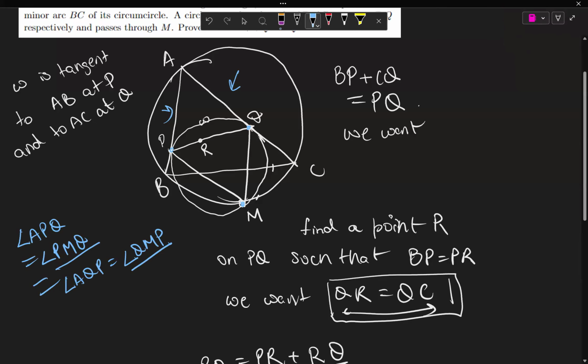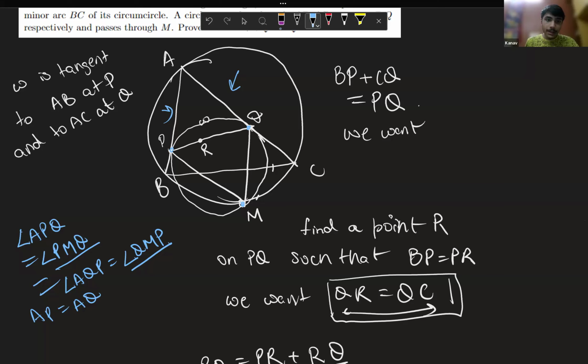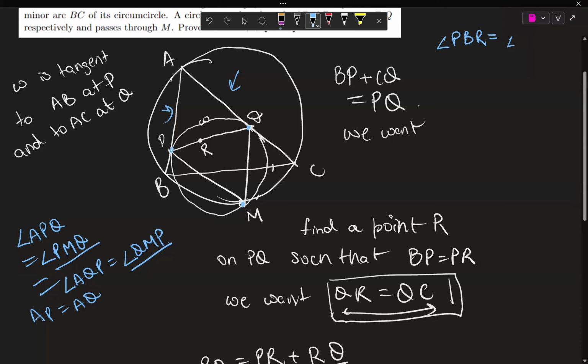So this means that now if we just equate the angles, we need to prove that angle PBR is equal to angle QCR. One second. We want to show angle PBR is equal to angle QCR. Can you explain how?